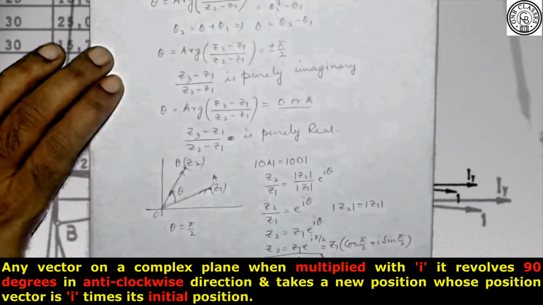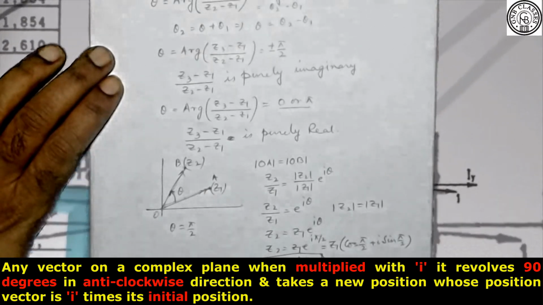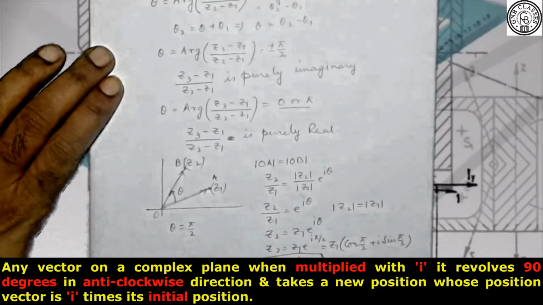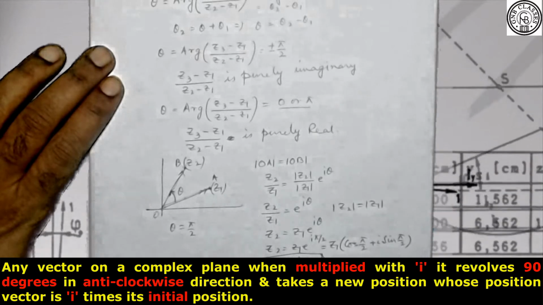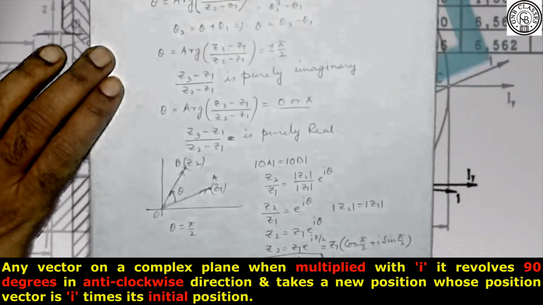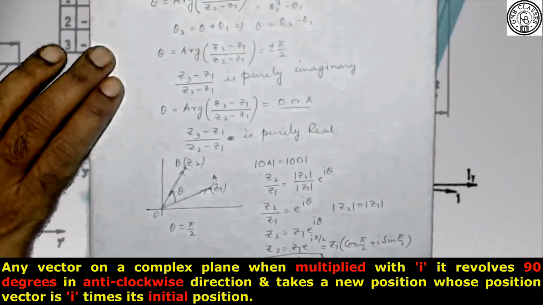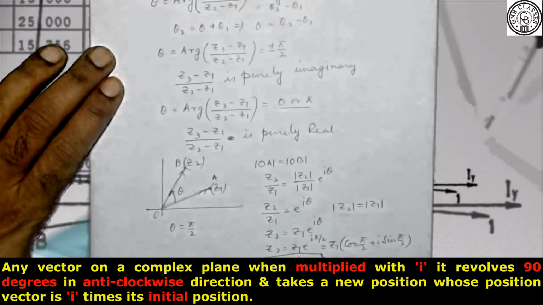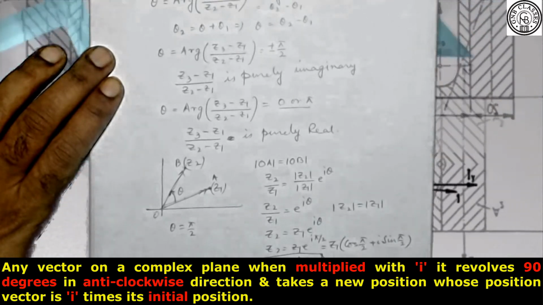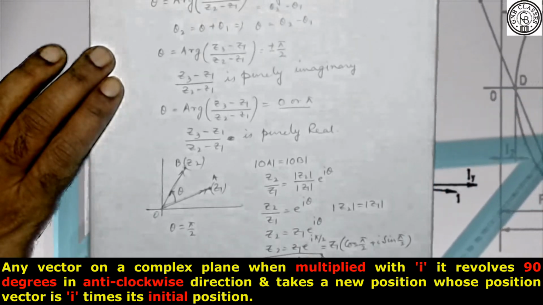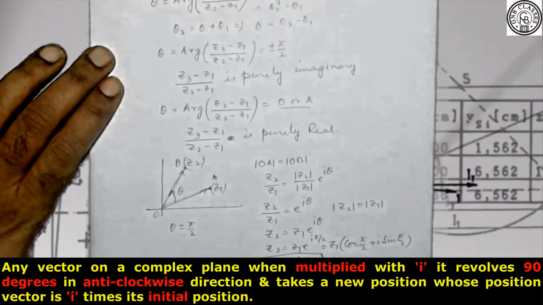So whenever any vector is multiplied with iota, always remember, any complex number, when multiplied with iota, revolves 90 degrees in the anti-clockwise direction and gets its new position. And the new position will be iota into its initial position. Yes or no? As it is here. What is its new position?